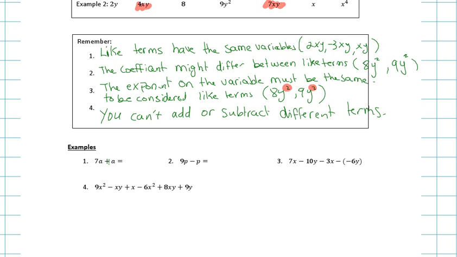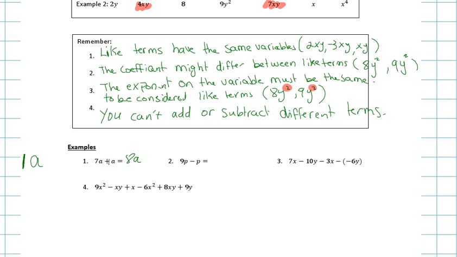If you have a letter by itself, it has an invisible coefficient, which is a 1. So you have 7 apples plus 1 apple, so you have 8 apples. Unless there's a different number there, it's always 1. If there's a number, that's the number. If there's no number, then it's 1.